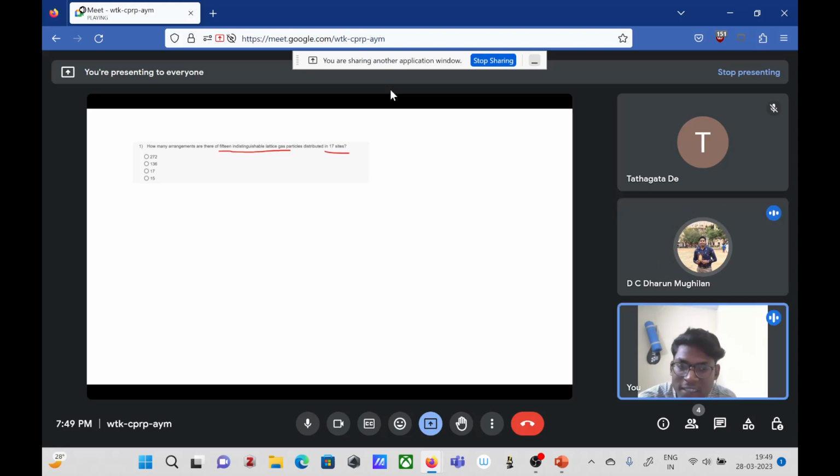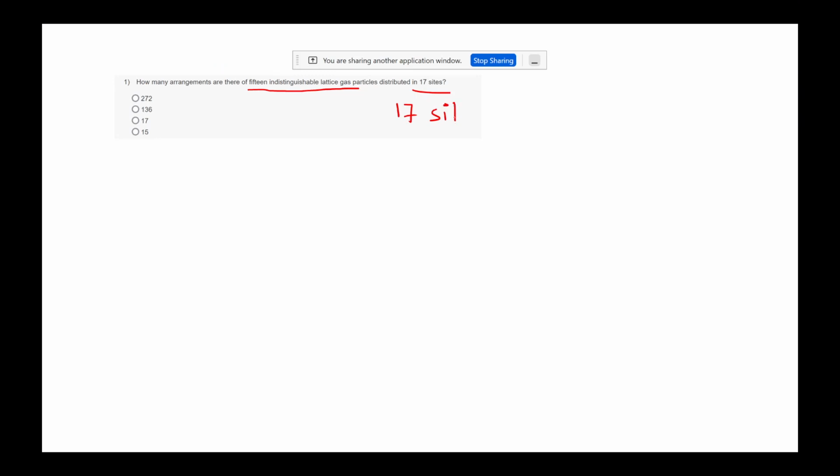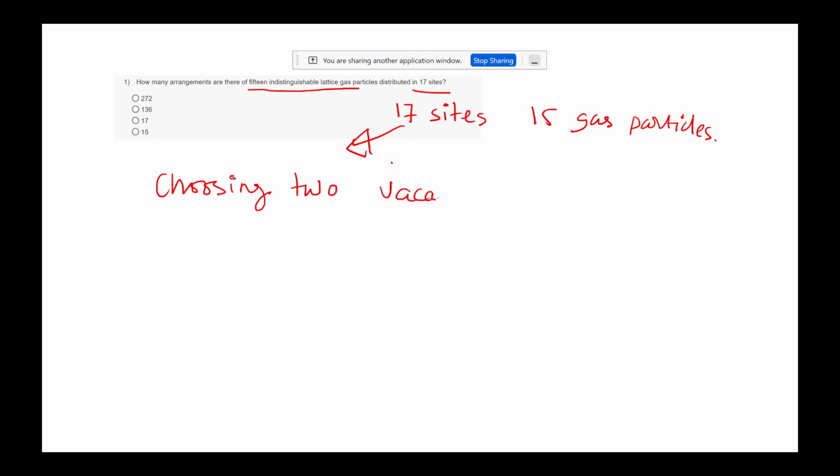Here the correct answer is there, so let me just do it. It's the same thing. There are 17 sites and 15 gas particles, and they are indistinguishable. So this problem actually comes down to choosing two vacant sites out of 17.